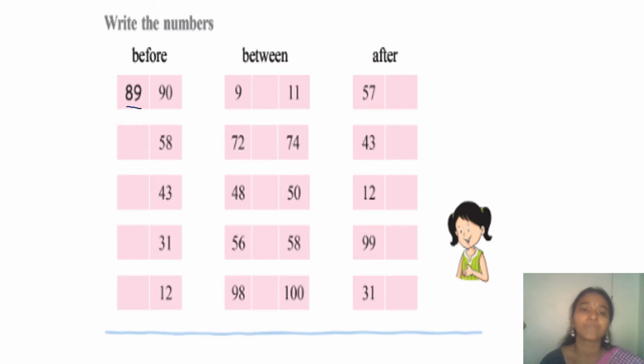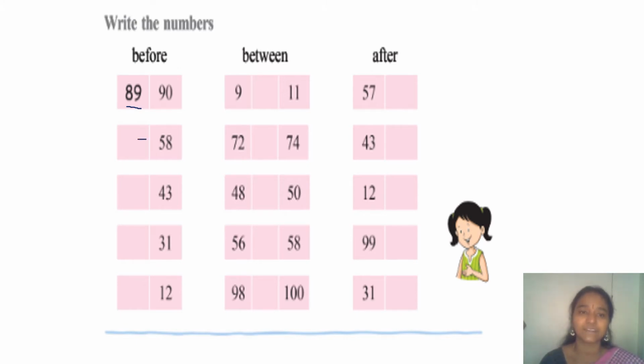Now before 58, what will come? See, I'll take 8 here. What is in the ones place? 8. In numbers from 10 to 1, before 8 what will come? 8, 7. If you count the numbers backward, 7 will come, right?